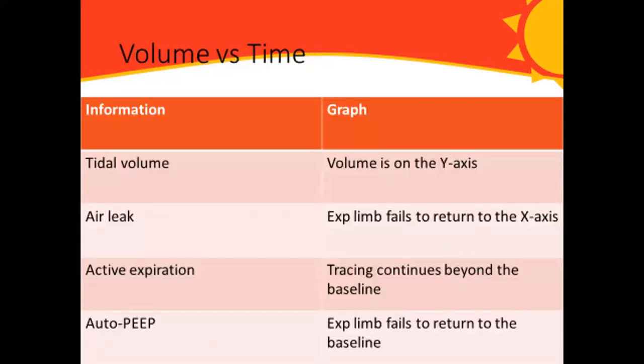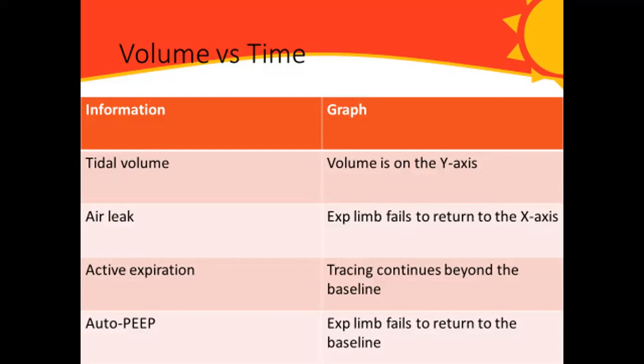This is volume versus time. What can you get from a graph of volume versus time? The tidal volume is always on the y-axis. With an air leak, the expiratory limb will fail to return to the x-axis. That's why I was saying that you can use your ventilator waveform to make some diagnosis and help your management.